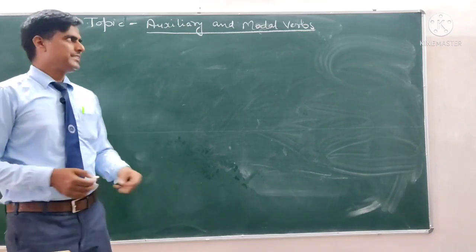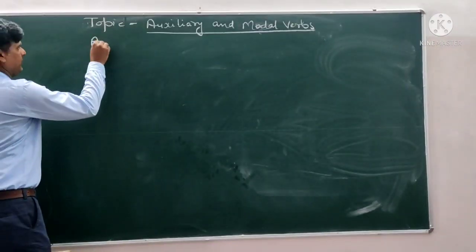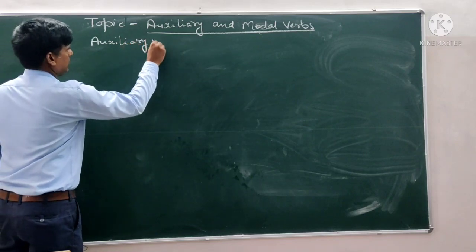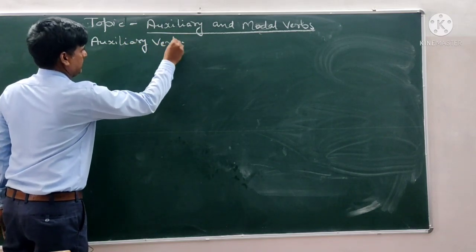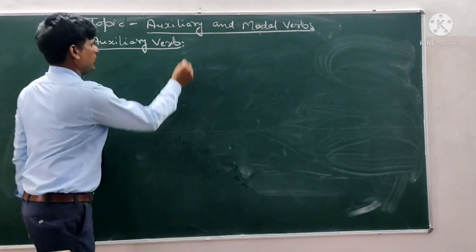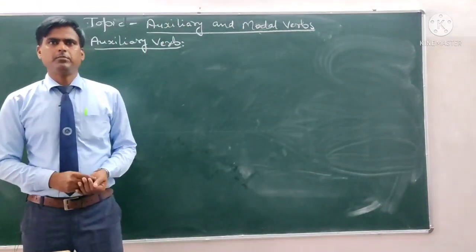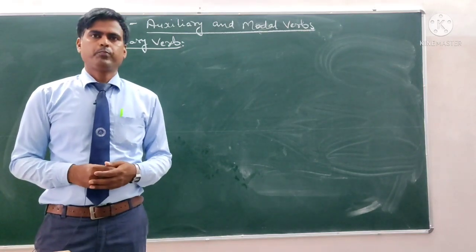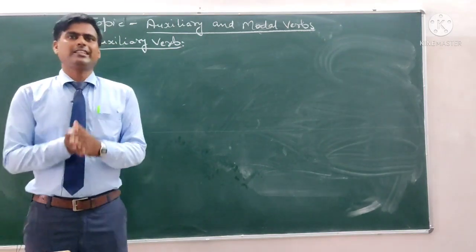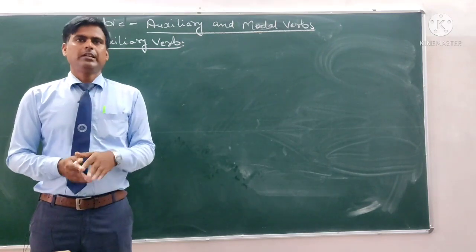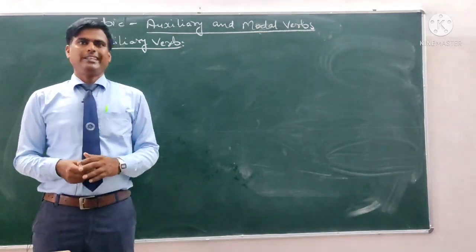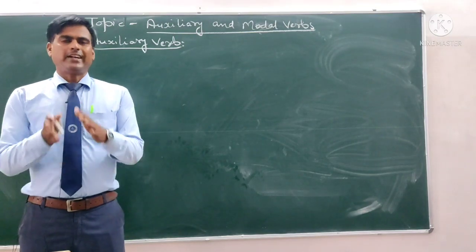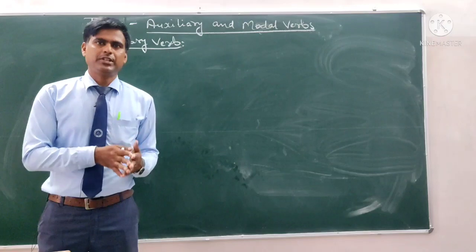First of all, let us see what is an auxiliary verb. Do you know the auxiliary verb? The verbs which are used to make the tenses, passive voice, negatives, questions, etc. And they are also used for ability, necessity, permission.